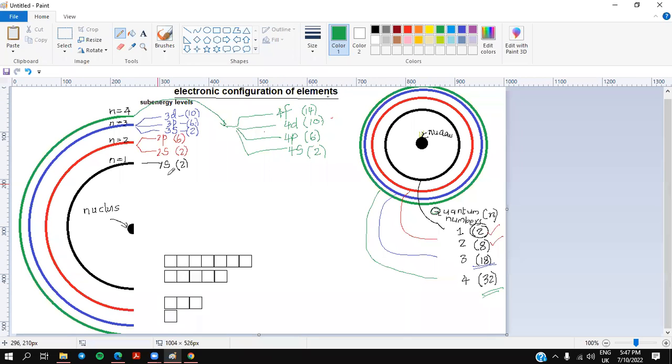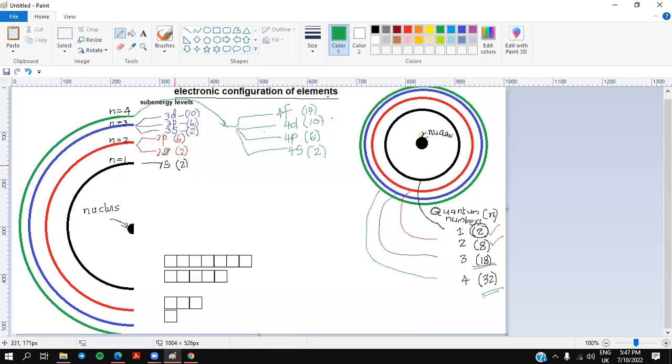So this clearly shows you how quantum numbers divide into sub-energy levels in an atom for better arrangement of electrons. And the story doesn't end here. There's one more level of division in energy levels. First, quantum numbers. Quantum numbers go into sub-energy levels.